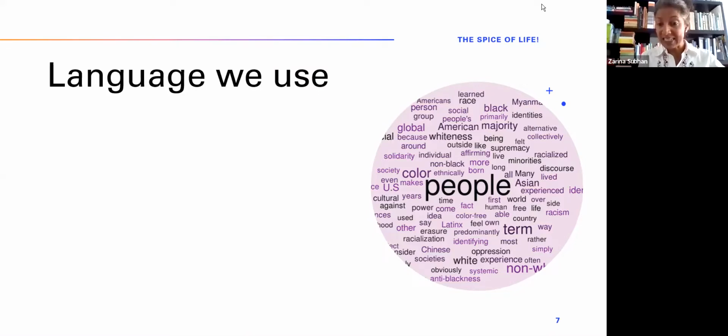Chinese, Latinx. Yeah, so it's an interesting article, and it talks about the different terms that we use to describe people. So often we may use the word Caucasian, which generally is used to mean a non-black person would be Caucasian.